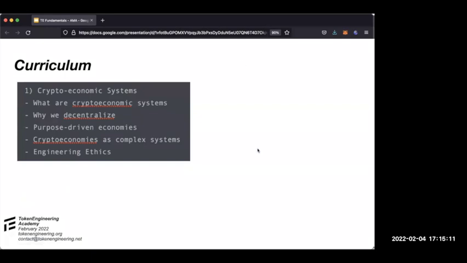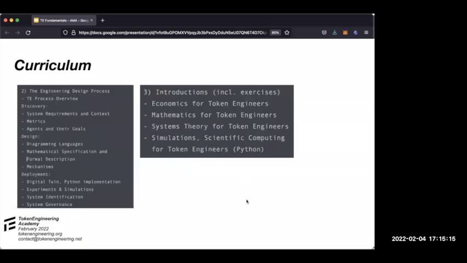Now if you flip over to the next slide, you will see that we will go deeper into the design process and some background introductions. The design process itself has been tested and established in practice, and it is useful for the token engineer to apply.